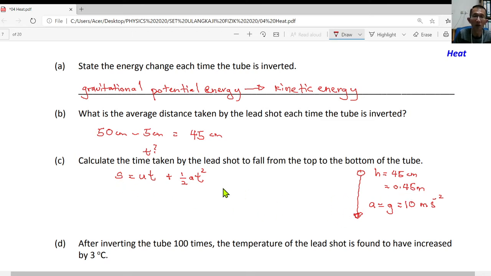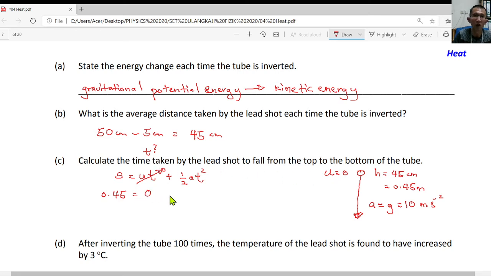It's 0.45 meter, so I am going to write here 0.45. Initial velocity is 0. Initially it is up here, it's not moving yet, so u is 0.